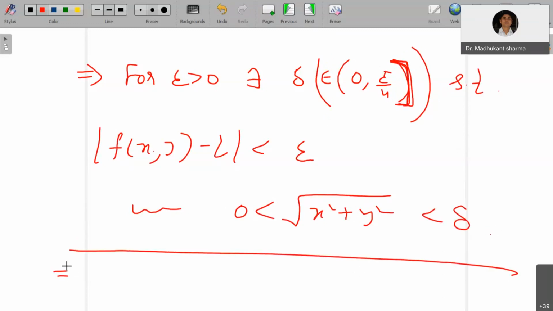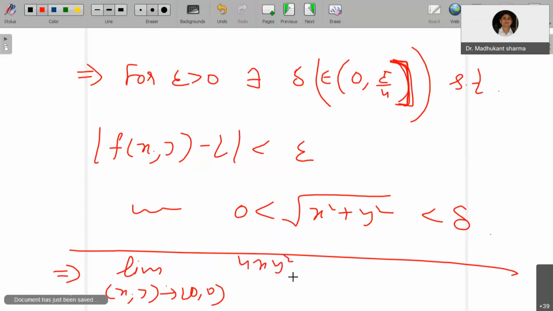So this tells you that the limit as x comma y tends to 0, 0 of 4xy square divided by x square plus y square equals 0. Okay, so I have given one example. We will handle other concepts as well, so there will be mixed examples.